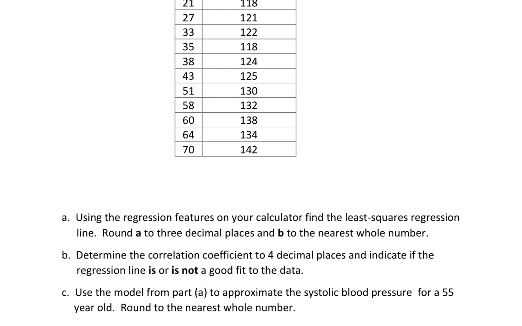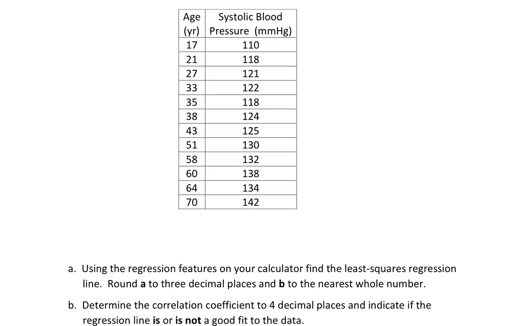So, in order to do this problem, we're going to go back up to our table. We're going to pull out our calculator, and we're going to go to the stat button, and we're going to go to edit, and we're going to go to the first button, and we're going to put in all of our numbers in the table.